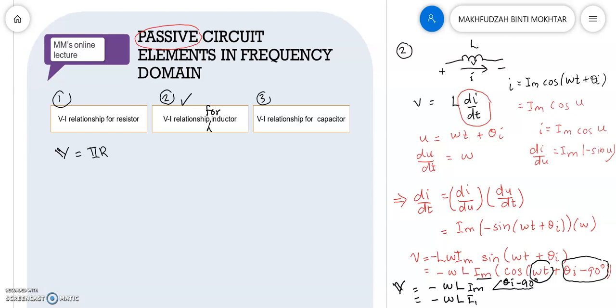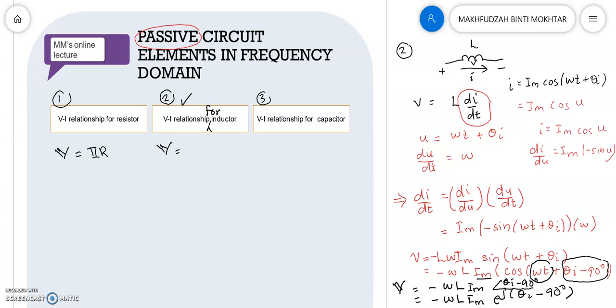Now we have Im exponent j of this phi. So we have j theta I minus 90 degree. Alright. Now, when we have this equation, I can rewrite this v in terms of the multiplication of exponentials.